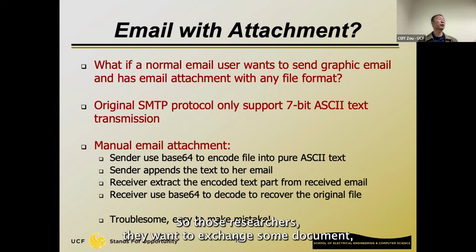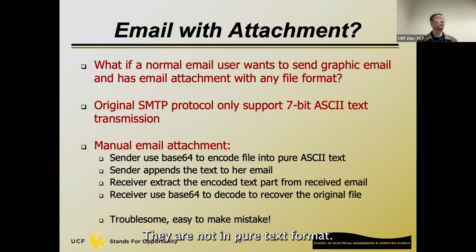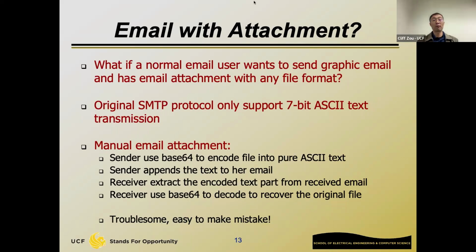Those researchers wanted to exchange documents and data. The documents and data are not in pure text format. Then they needed to find a way to exchange that. But how can they build that function into email? Basically, they needed email to be able to send attachments to each other.